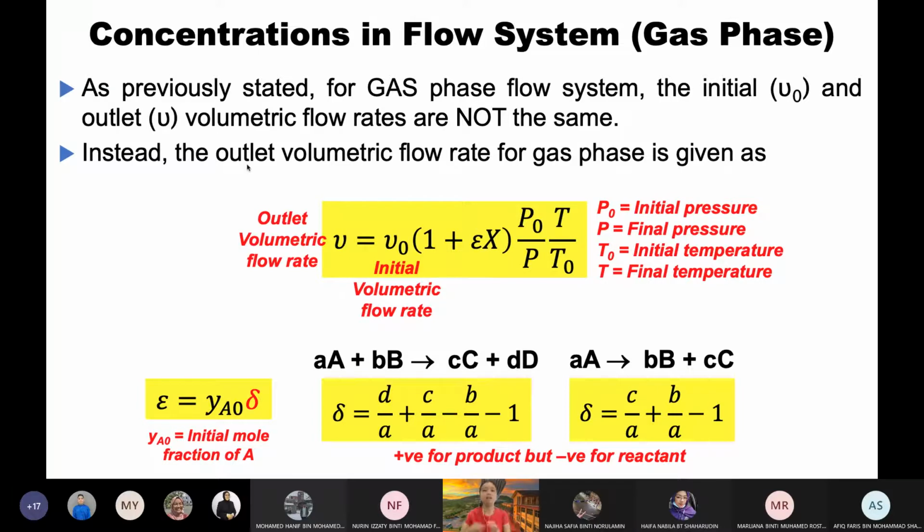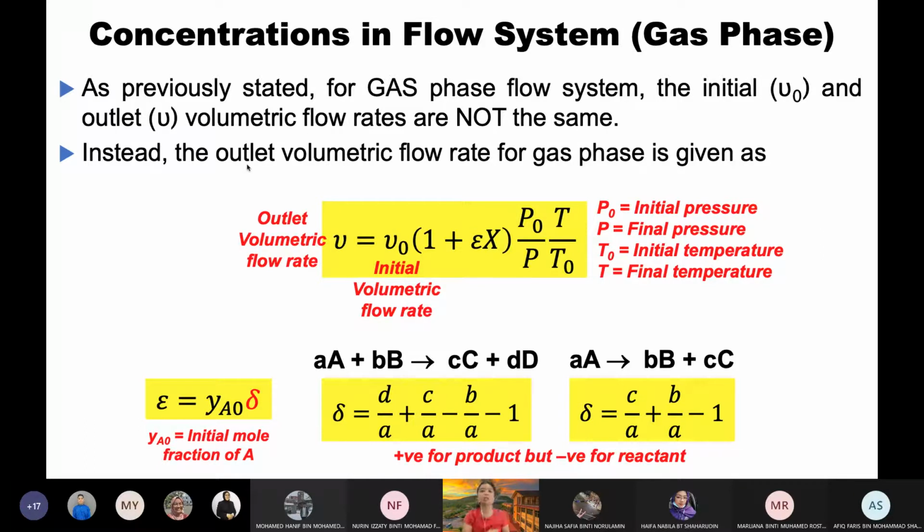Okay, so sekarang kamu kena ingat yang paling penting, nak express concentration untuk gas CSTR, gas PFR adalah berbeza dengan kes-kes yang sebelumnya. Case batch, liquid, liquid flow, final concentration punya formula tu sama, tetapi untuk gas dah completely different and becomes a bit complicated. Kenapa? Okay, remember I told you? Sebab kenapa batch liquid sama dengan liquid flow?